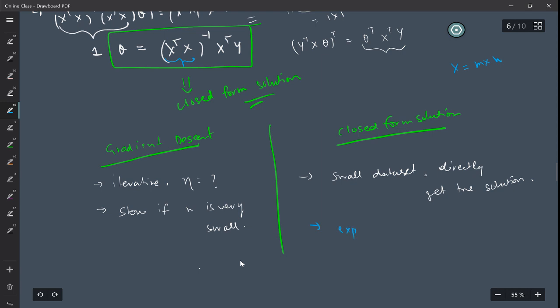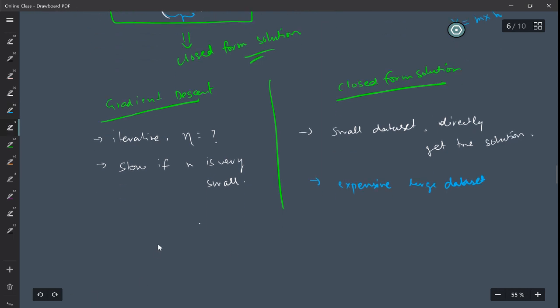So it is quite expensive when the data set is large, right? And it is also possible that your data set might not fit into the memory. Then gradient descent is a better approach because you can use a mini batch here, right?